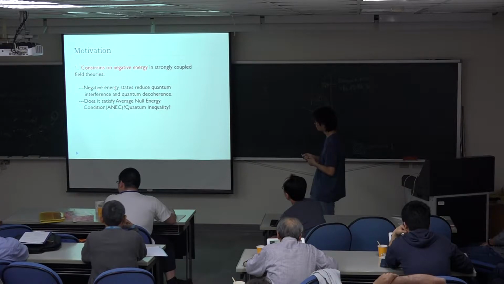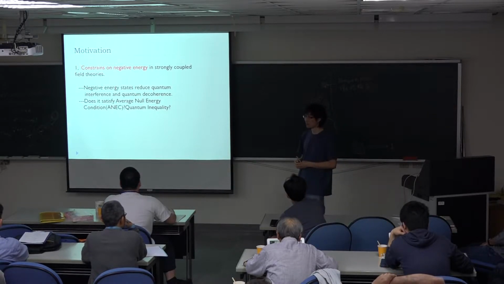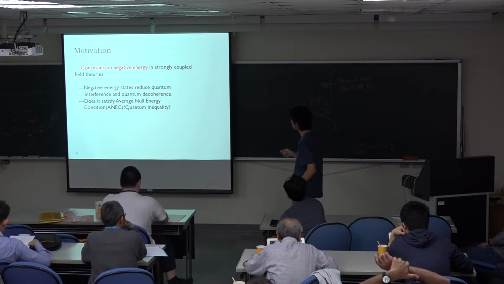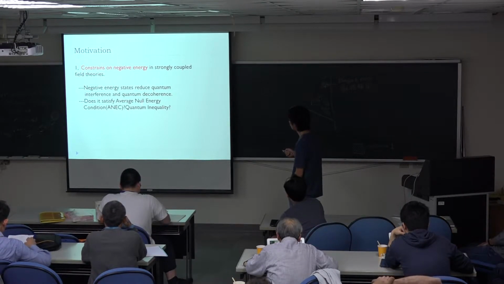Also, if there is too much negative energy, it usually causes a lot of trouble in your field theory. For example, it may violate causality, or it could create a traversable wormhole in your background. That is very troublesome, so we want to avoid that.